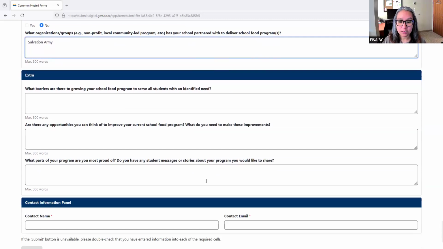Okay, and the extra ones are 3 more questions that are actually more for you, and I didn't give you any examples in this one, but I will send some examples in the PDF that I will be sending, so you can always take a look and share and use it. So what are the barriers that you have to grow your food program?